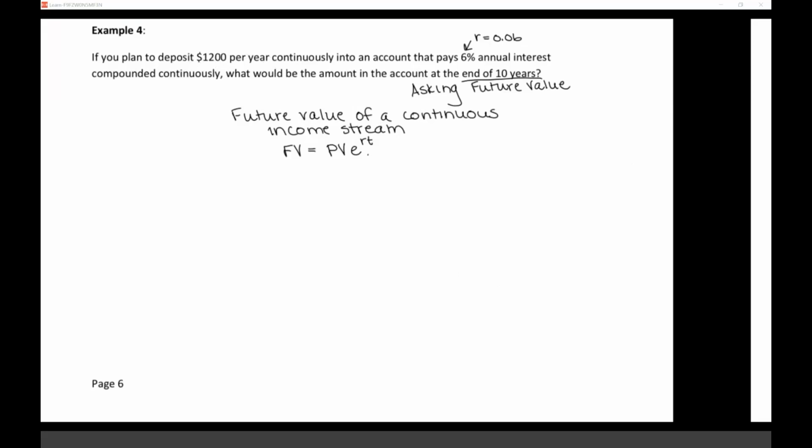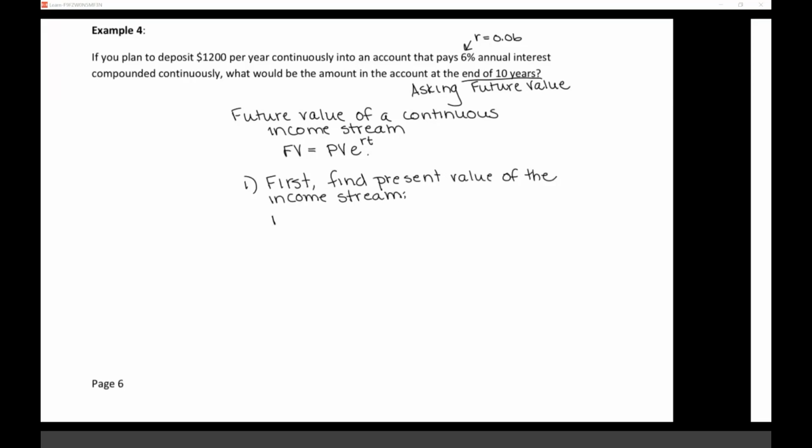This is a continuous flow of income. So essentially, what I need first is the present value of this income stream. So first, find the present value of the income stream. Now it's coming from my deposits, but that's okay.